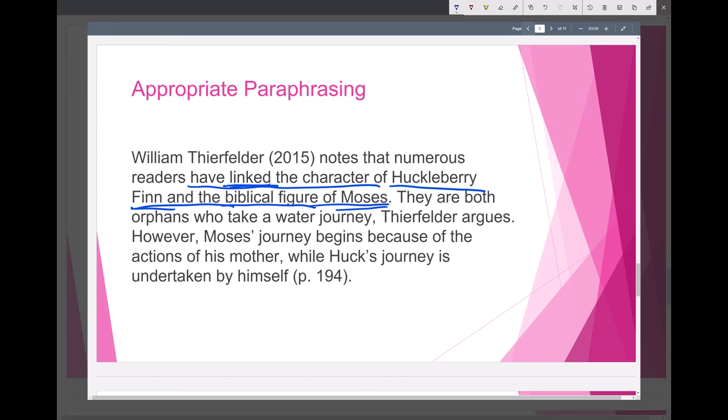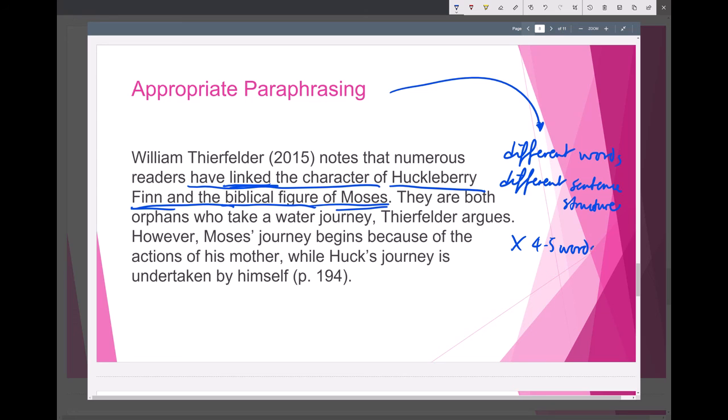So again, different words, different sentence structure. So again, that's good paraphrasing. You're not getting 4 to 5 words in a row that are the same. So none of that.